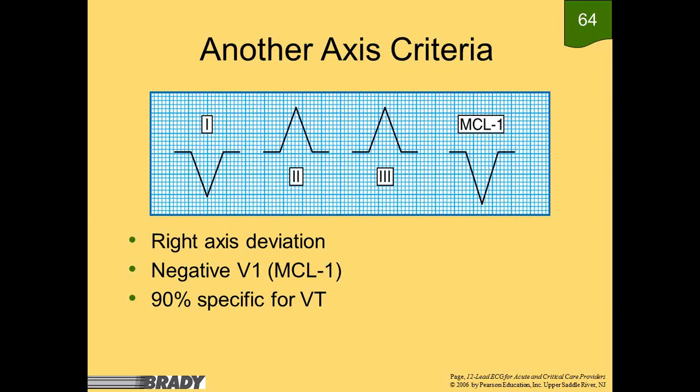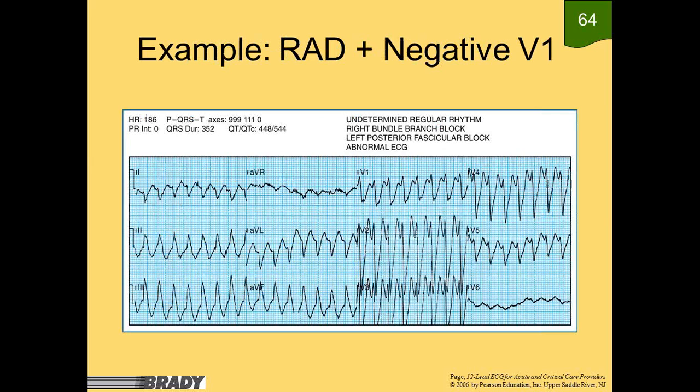That's 90% specific for V-tach. And that presents this way. You can look at 1, 2, and 3. You've got down, up, up, and then you look at V1, and that is down, which is it.